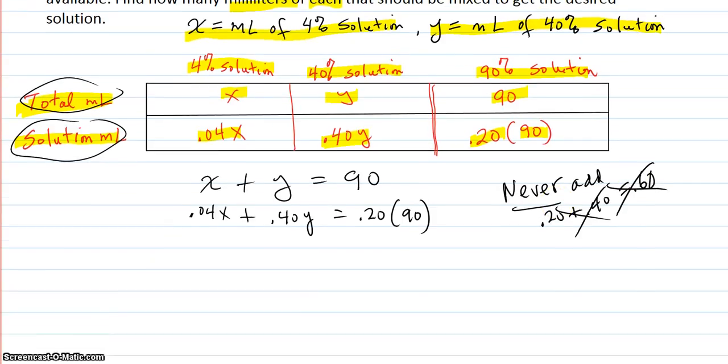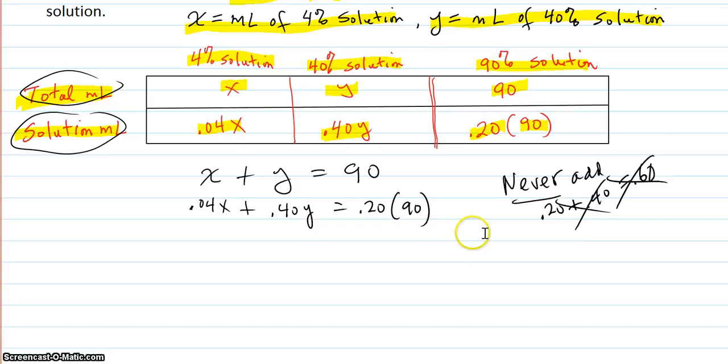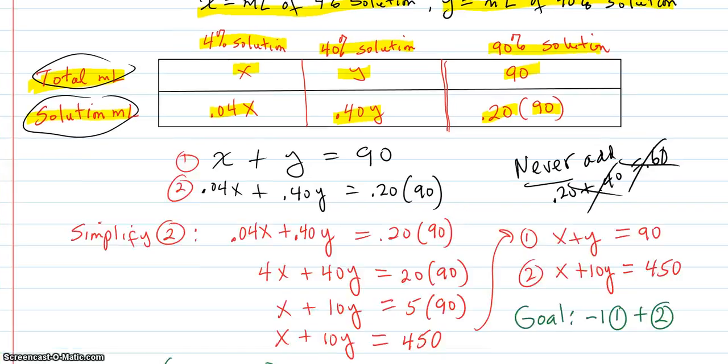Okay, then we're going to work with these equations. So we get our equations. The number one equation, X plus Y is 90. And the solution equation, 4% of the X milliliters plus 40% of the Y milliliters is the 20% of the 90. There's the two equations.